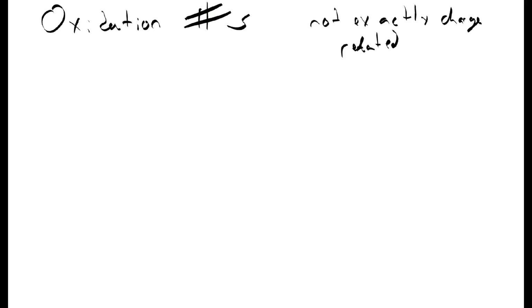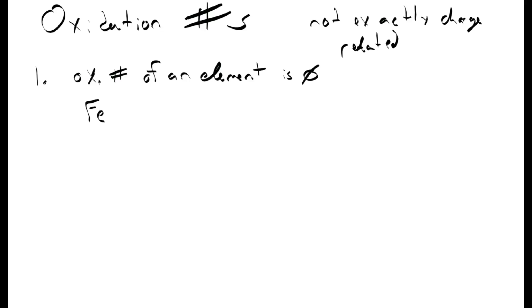So first up, we have 4 rules for figuring out the oxidation numbers of the various elements and compounds and so on. The oxidation number of an element is 0. That's for the element in its natural state. Okay, so iron, metal, silver, aluminum, gold, all those would have an oxidation number of 0.